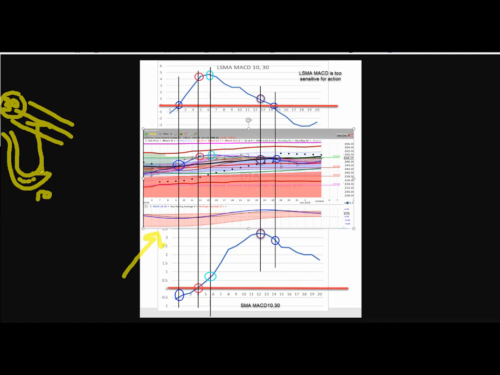And when the dragon crosses the river, you now have an upward bias. He's crossed to the north side of the river. You should have an upward bias until such time as he crosses and goes below the center line. That's really a good idea. And the MACD histogram, the way we've constructed it, is geared to really illustrate the relationship between the dragon and the river. So that was my moment of Zen this week.